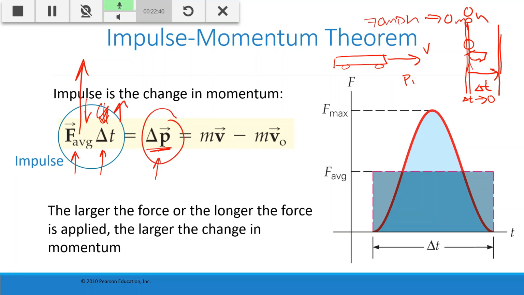That's why we have airbags. Airbags provide a cushion so that when your head slams into it, you have to basically crumple the cushion first before your head comes to rest. That is going to increase the time of collision and therefore reduce the force to cause that change in momentum.